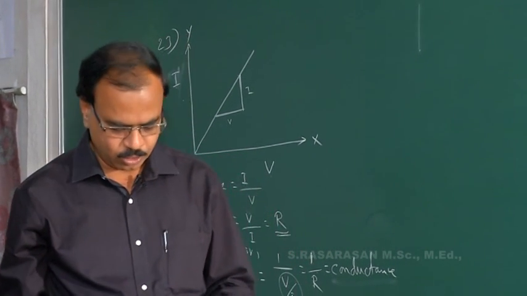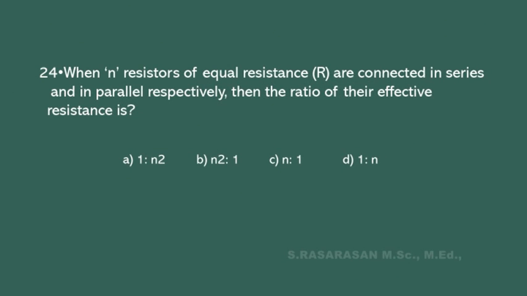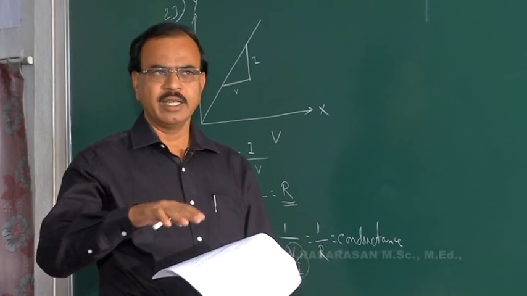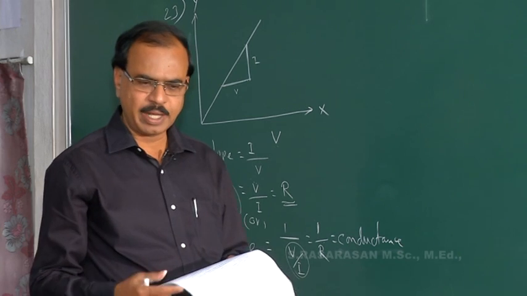Pass on to 24. When n resistors of equal resistance are connected in series and in parallel respectively, meaning first the n resistors are connected in series, then all these resistors are connected in parallel.